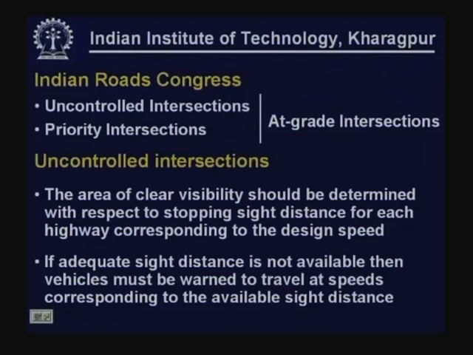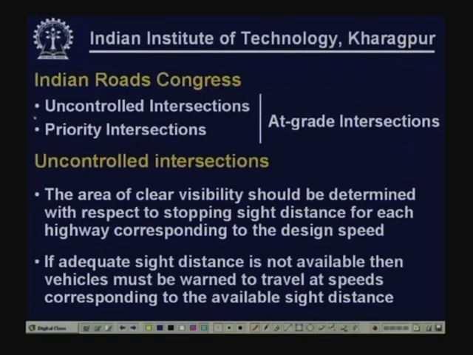IRC considers 2 different types of at-grade intersections. One is uncontrolled intersections, as indicated here. The other set is priority intersections.